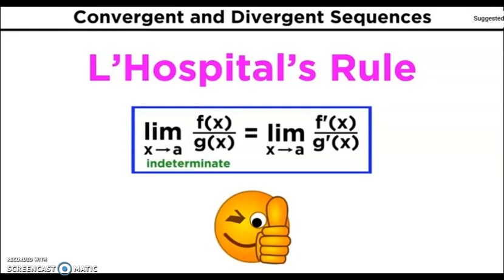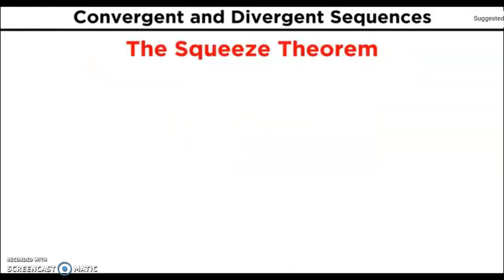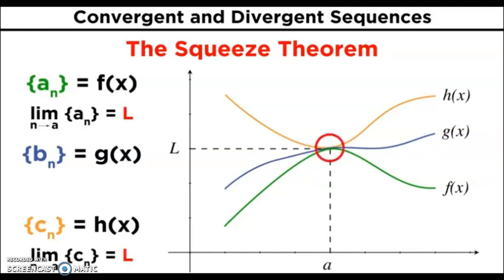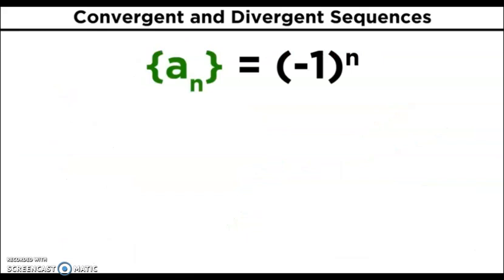Sometimes we can use special techniques like L'Hopital's rule on the related function, or something called the squeeze theorem. This one says that if there are three sequences A, B, and C, and B is always between A and C, then if A and C both have a limit of L, then B must also have a limit of L, because it is being squeezed in between them.